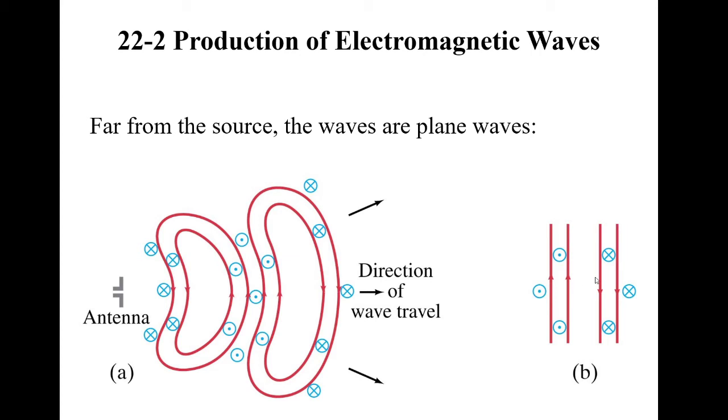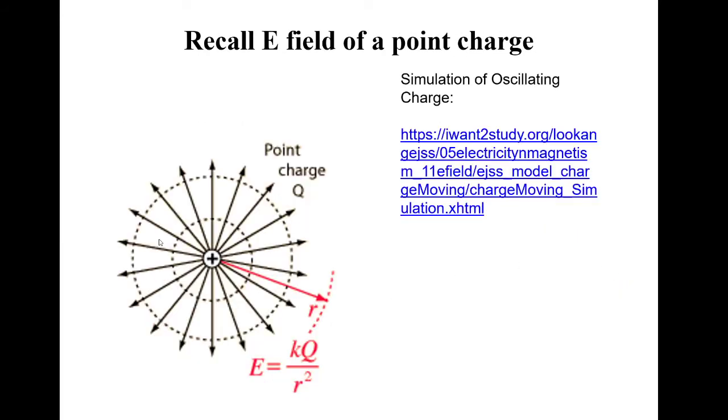Personally, I don't care for the way that your textbook explains this. I think it's a little easier to understand if you look at what's happening with the individual particles, okay? So if you remember way back from chapter 16 or 17, when we talked about the electric field of point charges. Remember, if we have a positive point charge, then the electric field radiates outward from that point charge in all directions, okay?